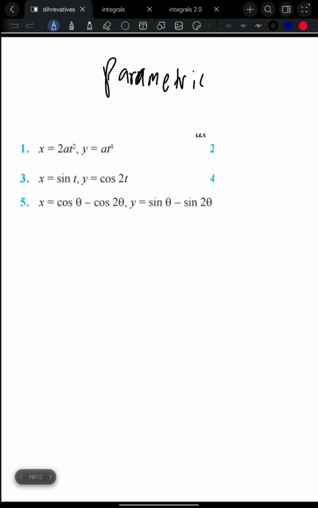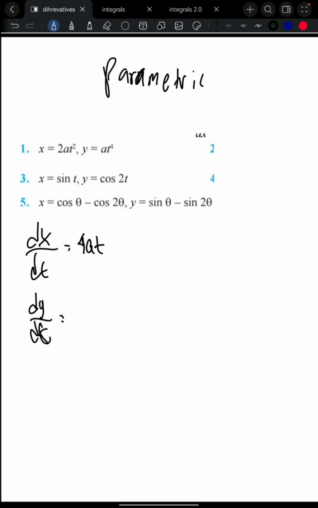Anyways, let's find dx by dt. First of all, let's find dx by dt. So dx by dt is just power rule, right? 4 times a times t. So that's just 4at. And let's find dy by dt. So that's just gonna be 4at cubed. Yeah.